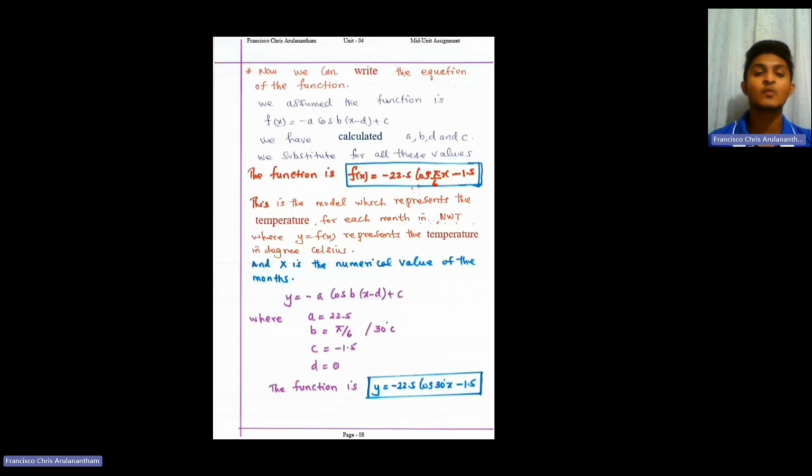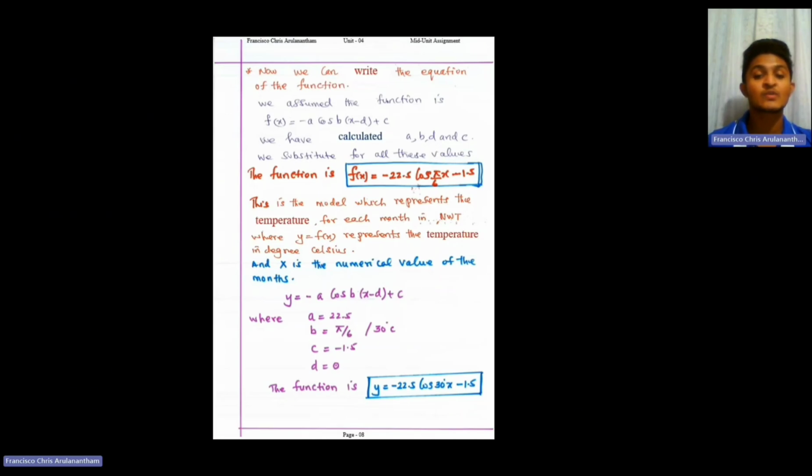Now we can write the equation of the function. We assumed the function is f(x) equals minus a cos b(x minus d) plus c. We have calculated a, b, d and c. So if we substitute, the function is f(x) equals minus 22.5 cos (pi over 6)x minus 1.5.